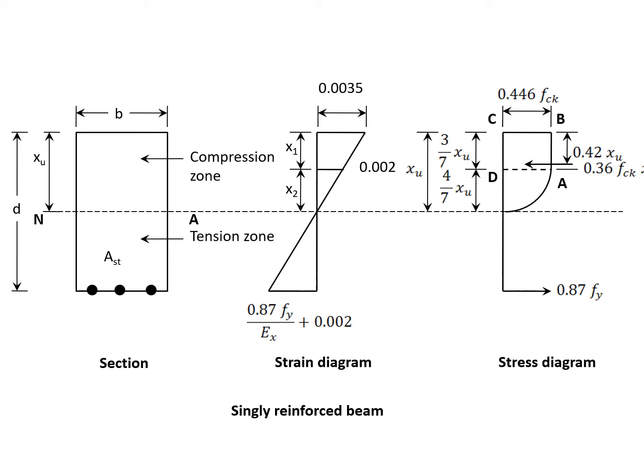And at the bottom, the steel stress will be taken not as Fy but 0.87 Fy. As I said, these strain and stress diagrams are specified in the IS code. We are expected to accept them, learn them properly, and then apply.